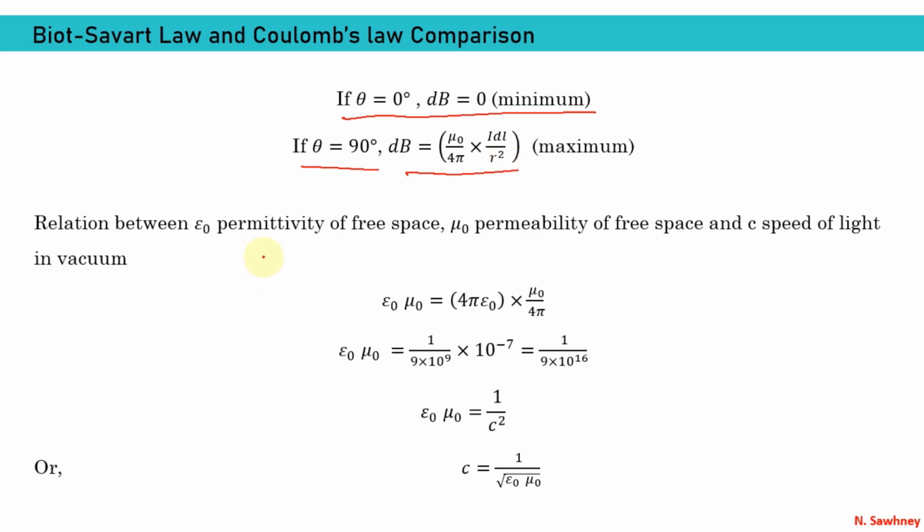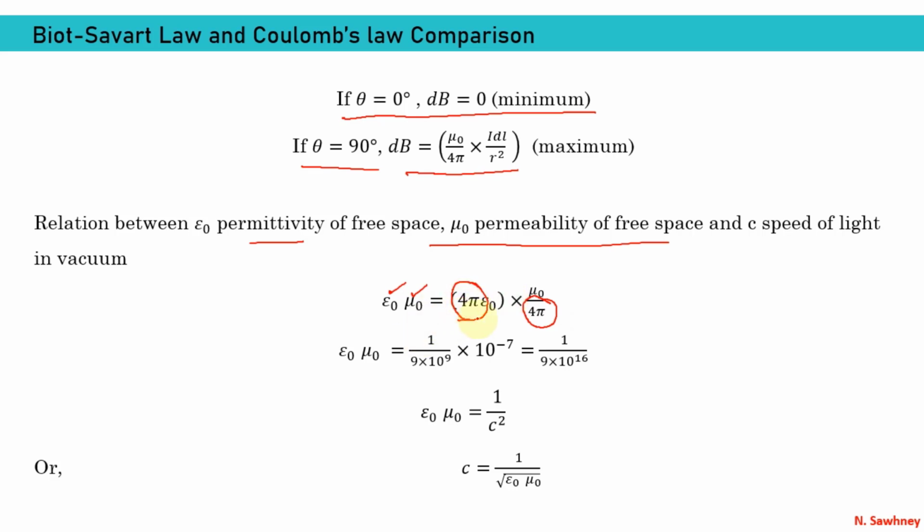Now let us find the relationship between the permittivity of free space, the permeability of free space and the speed of light in vacuum. So let us multiply permittivity and permeability. I have included the term 4 pi in the numerator and in the denominator. It will not make any difference.